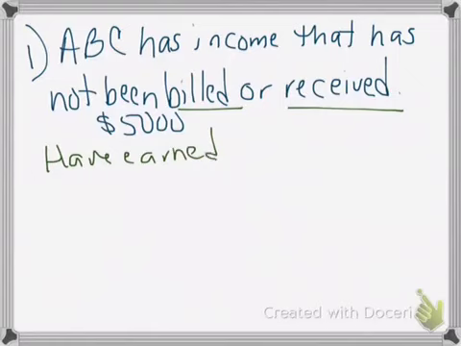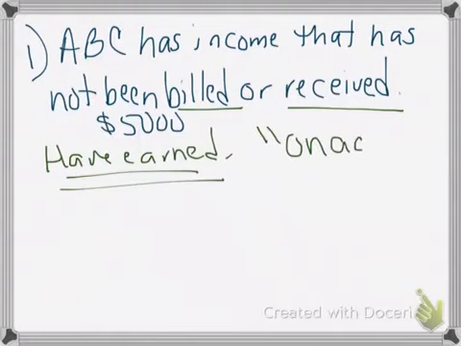So since we've earned it, we need to record this in our books, and the journal entry that we use here is the same journal entry that we would have done when we actually billed this. This is where we have something that is really on account, and we just haven't billed it yet, but it still is income. It's still revenue because it has been earned.